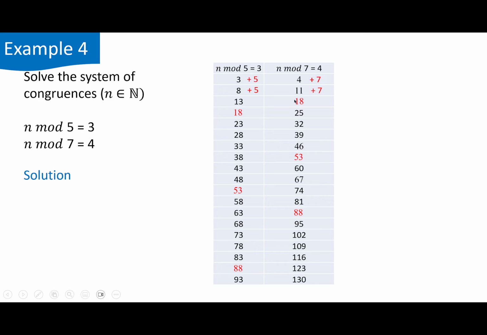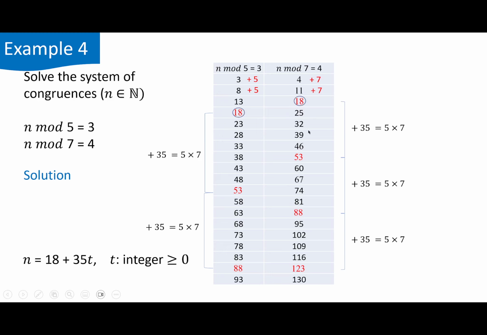So if you start with this, take the smallest here, and then see what happens. See, to come from here to here, we're adding 35, which is 5 times 7. The same thing here, 5 times 7. So now to write the general solution of this system, you just take the smallest, which is 18, plus 35t.